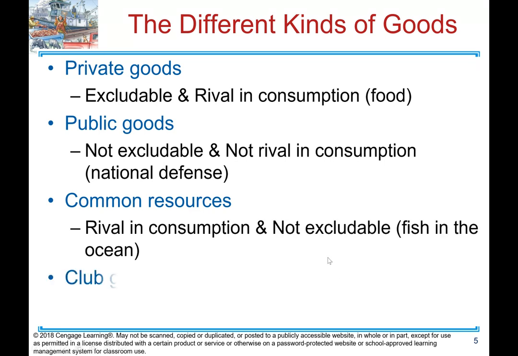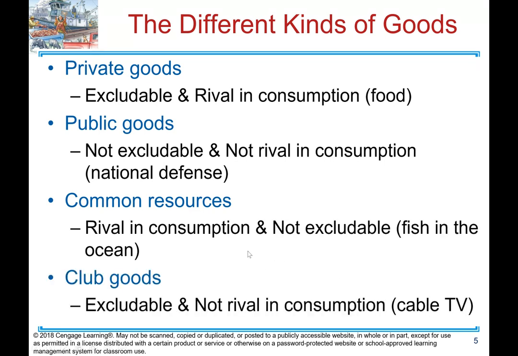Goods can also be private or public. Private goods are goods that are both excludable and rival in consumption. For example, food falls under this category. Public goods are goods that are not excludable and not rival in consumption.